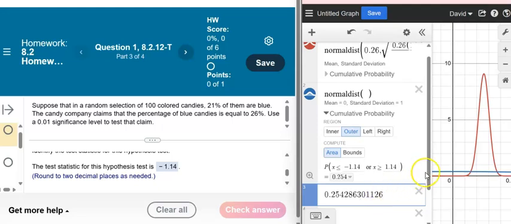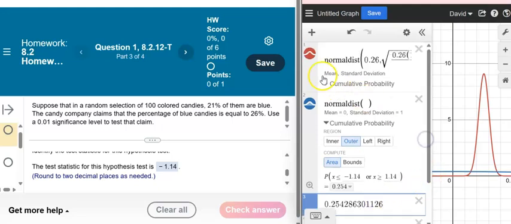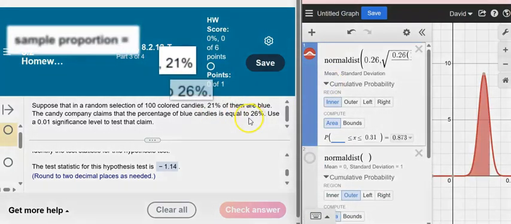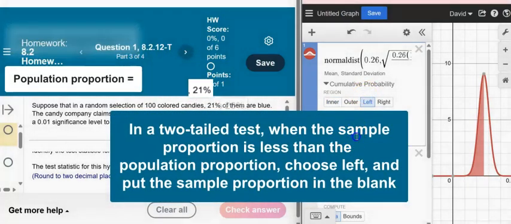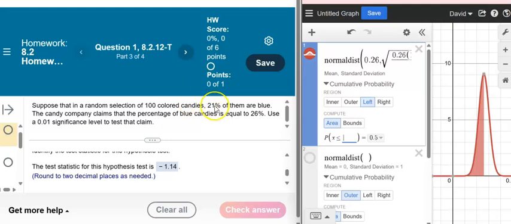All right, the other way that you can do it is to use the original distribution. Let me turn this one off. Do the original distribution. So I would do a left because it's below, and in the spot here where it's giving me the number, I would put the sample proportion, 0.21. All right, now this is just the left tail.